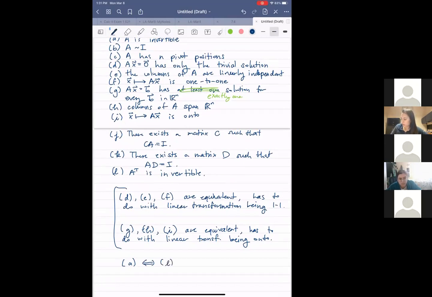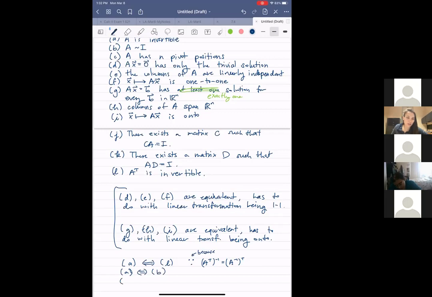A is equivalent to L because, by the way, this is shorthand for because A transpose inverse was A inverse transpose, right? So we showed that. We showed that F was equivalent to D. Oh, we already listed that one, so that's not necessary. We showed that A was equivalent to B, right? We just proved that.